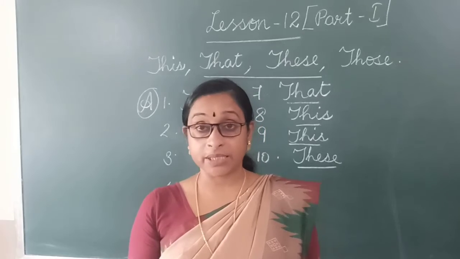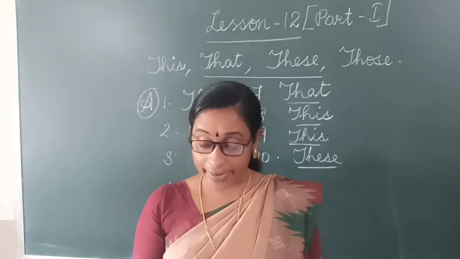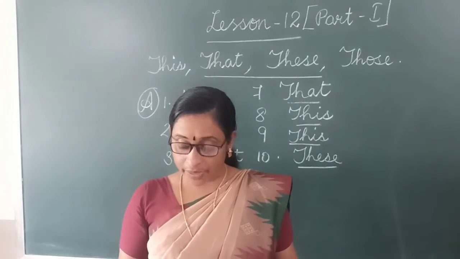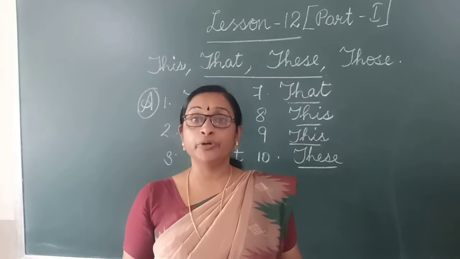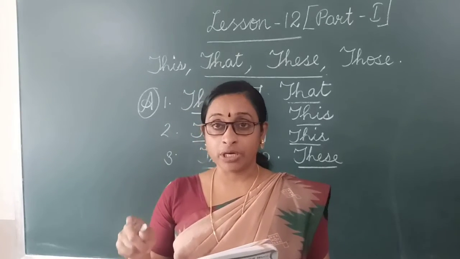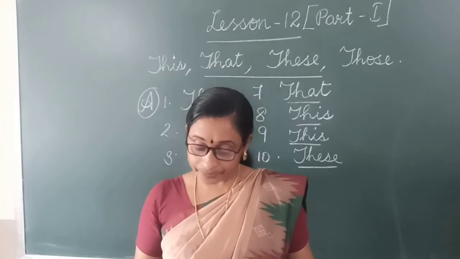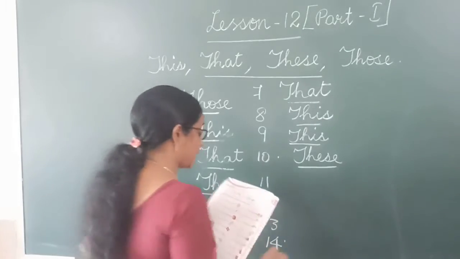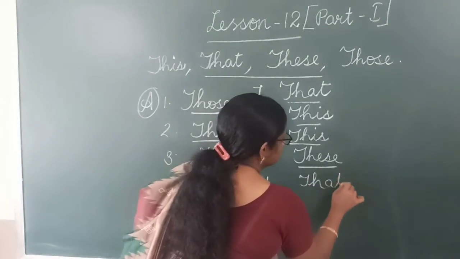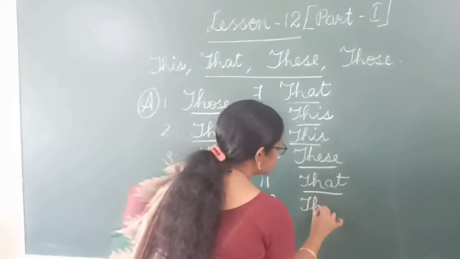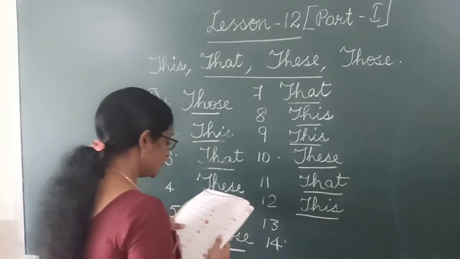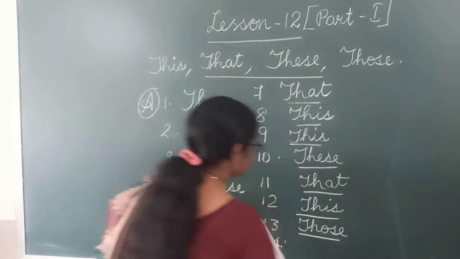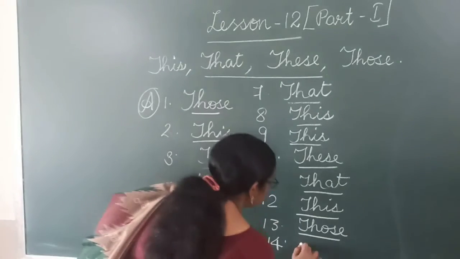This is Nikita's table. Next one, dash are pens. Those are pens. It is kept far. Next one, dash is my computer. That is my computer, because the finger is pointing there. So we will write number 11, that. Number 12, this. Number 13, those. And number 14, that.